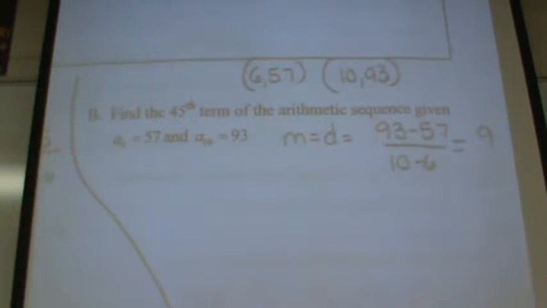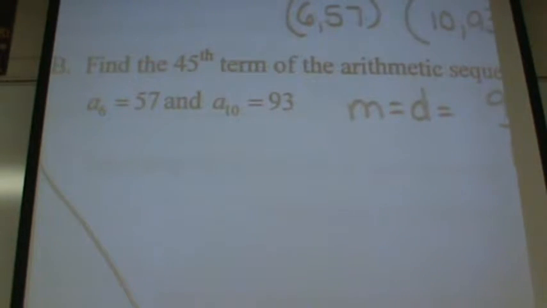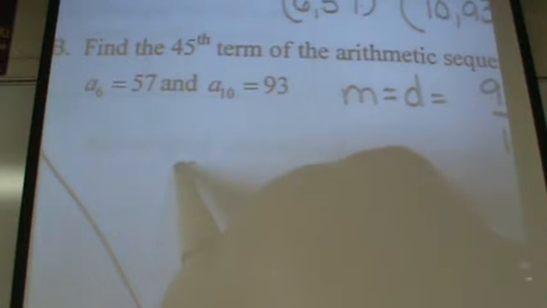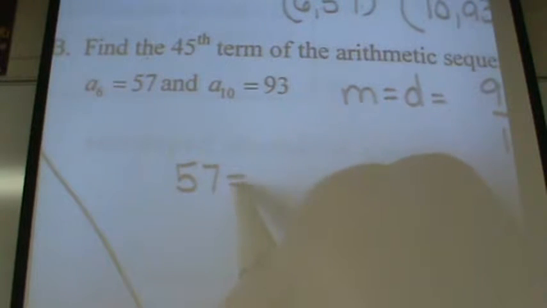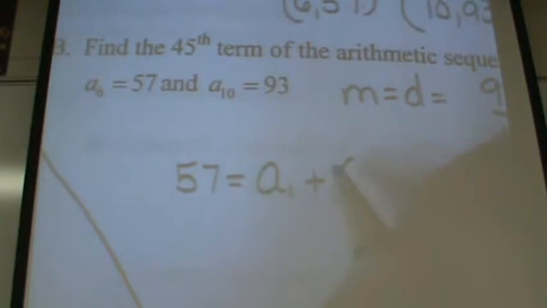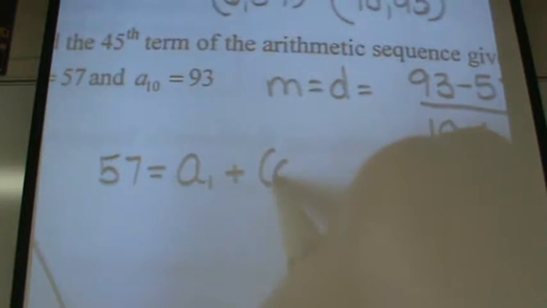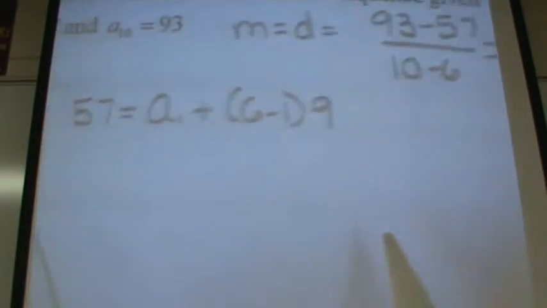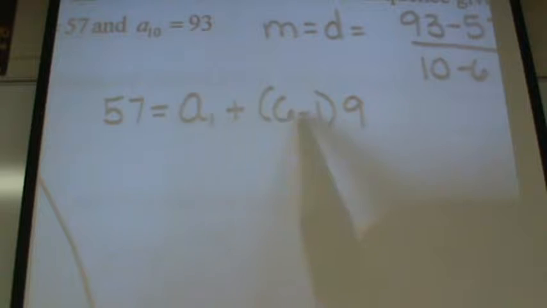So then which point do you like better? A6 or A10? Let's do A6. So 57 is, we don't know the first term, and we're going to use a 6 right here for n, and d is 9. So do the math, you got a 5 here. 5 times 9 is 45.